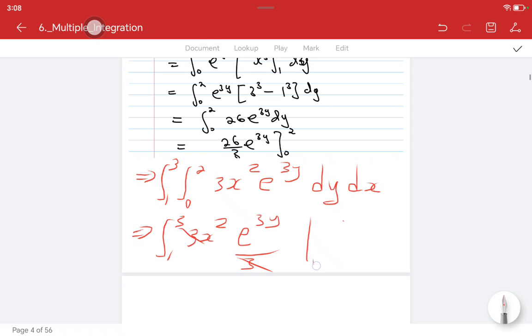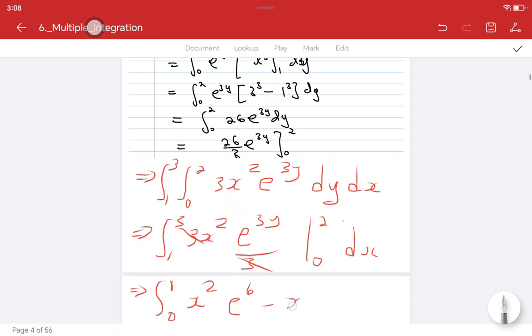This 3 will cancel out. 0 to 2, the x. And this will be from 0 to 1. And then I'll have x squared, which won't contribute anything. e to the 3 will be e to the 6.